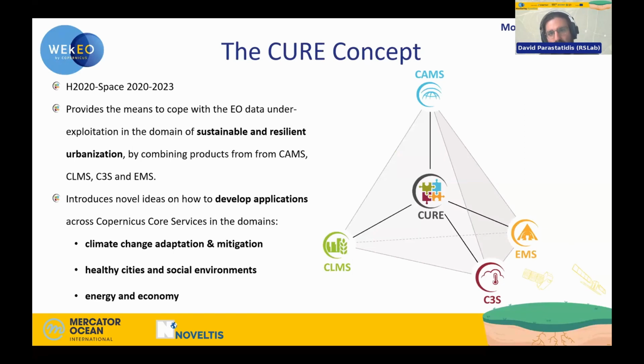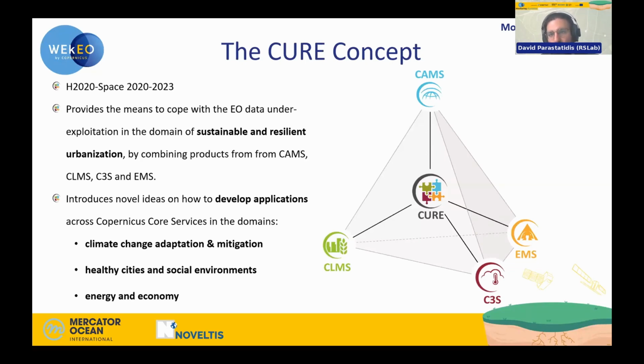It is a collaboration of 10 partners with the Remote Sensing Lab leading the project, with the aim to exploit the Copernicus core services and develop an umbrella application for urban resilience. There are 6 Copernicus core services, as Andrea said previously, focusing on atmosphere, marine, land, climate change, security, and emergency-related data.